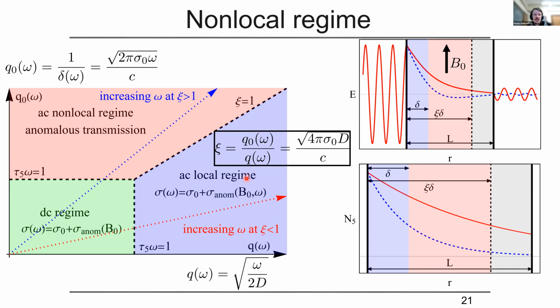But we could actually have a novel regime, which we advocated in our work with Leonid, which is an alternating current non-local regime. And in this regime, there will be this anomalous transmission. The hand-waving argument here is as follows. We are transforming the energy of our electric field into the chiral charge.